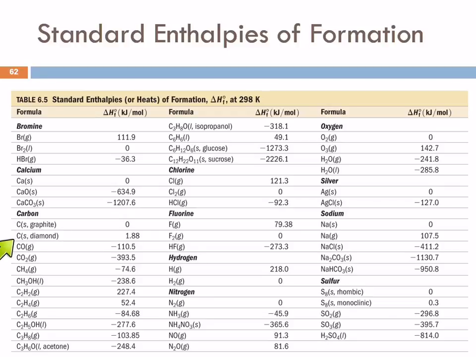To make carbon diamond, it has a heat of formation of 1.88 kilojoules per mole. So that tells me it's less stable. And so some of the elements, like here's hydrogen atoms and hydrogen molecules. Well, hydrogen molecules are the most stable. And so that's where the heat of formation is 0.